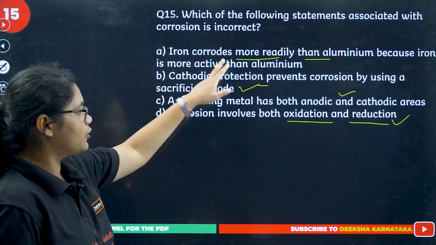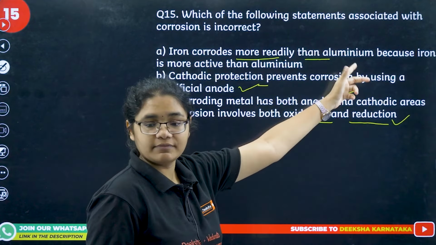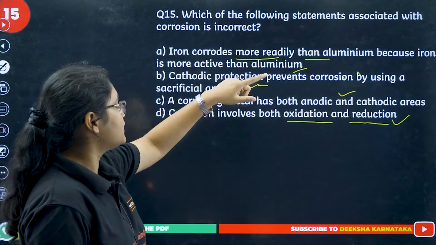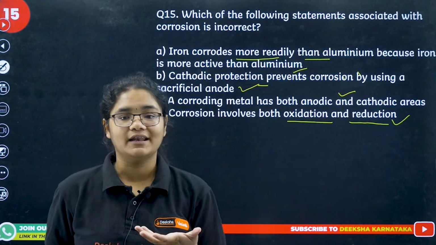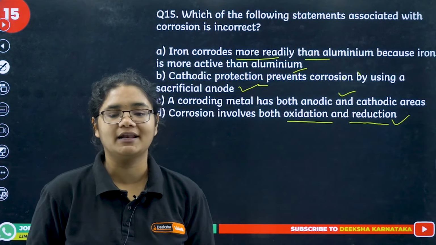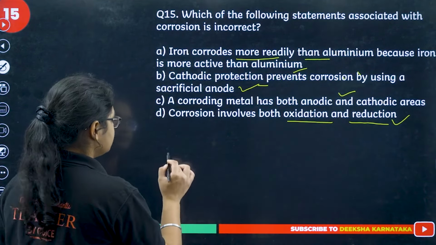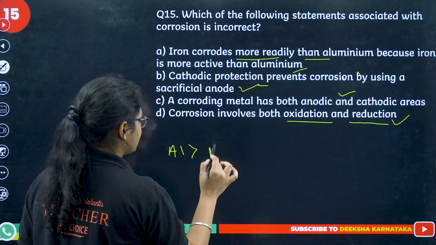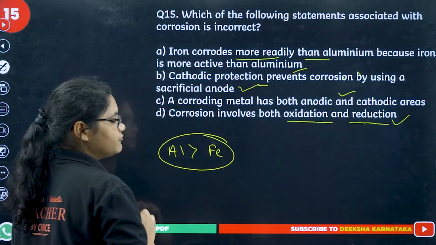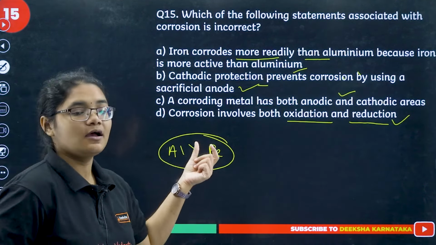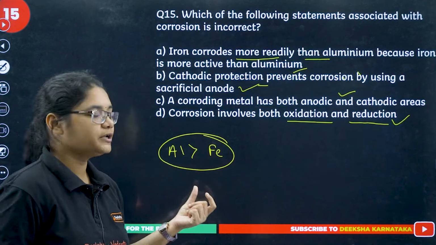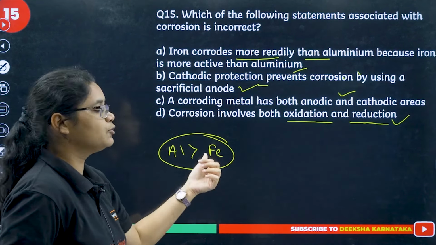Now here iron corrodes more readily than aluminium, this part is definitely correct, but not because iron is more reactive than aluminium. Aluminium is more reactive than iron, but what is the difference here, or why is iron then more prone to corrosion, or corrodes more readily?